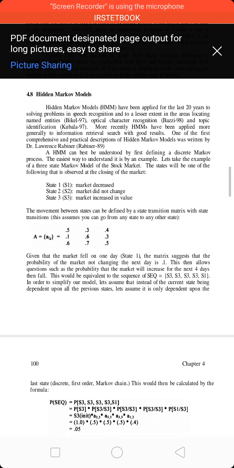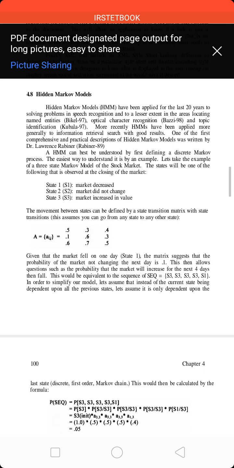This allows questions such as: what is the probability that the market will increase for the next 4 days and then fall? That is the sequence S3, S3, S3, S3 and S1. Four times S3 means the market may fall after these 4 days.